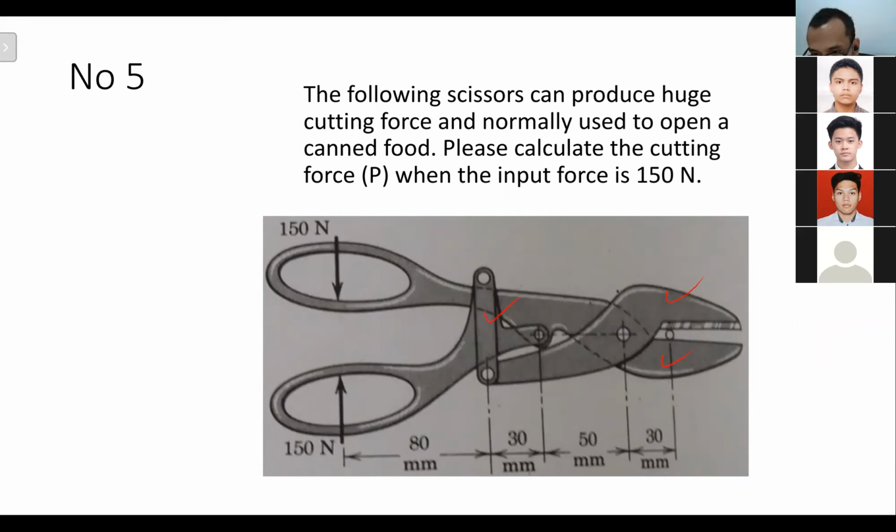Only the bottom part. So basically, there is no connection between the two force member and the upper part. It's only connected to the bottom part. But the P force is the same then? Yes, P force must be the same, because if not, it won't be in balance condition.